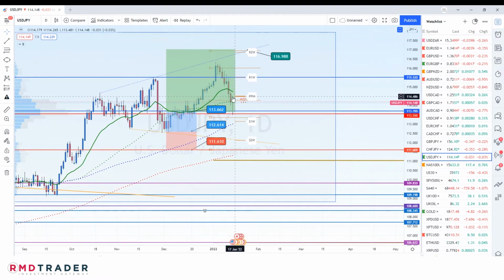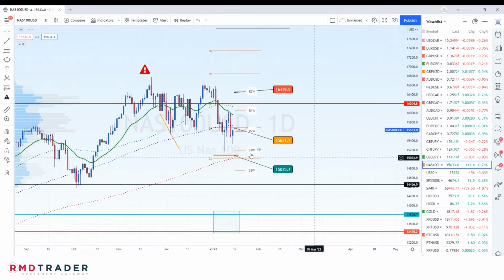So the question is whether we see that move down once again and only then find support, or whether we'll see some resumption of the bullish trend from here. The target remains up here in new highs at 116.9, although, like I said, it is possible we'll first see a little bit of a move down still this week.